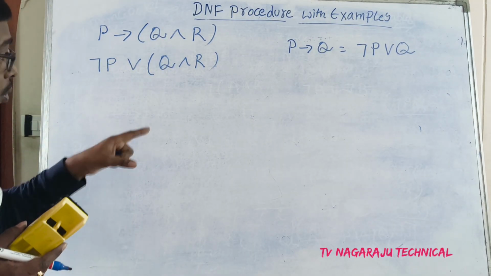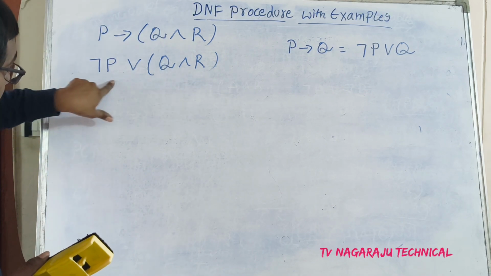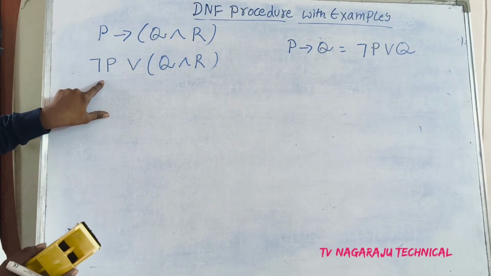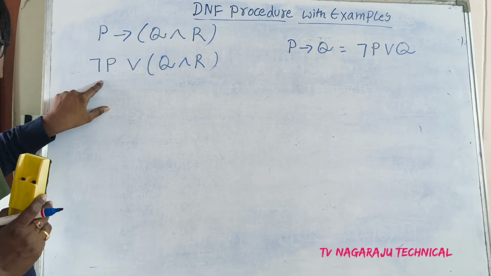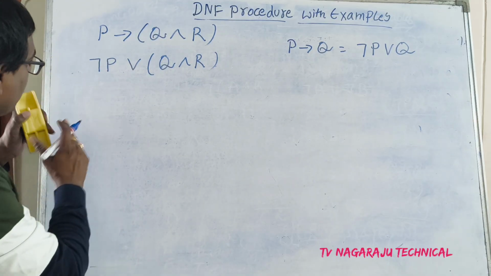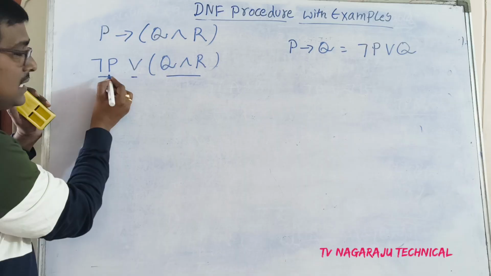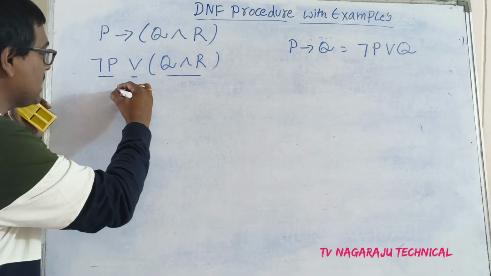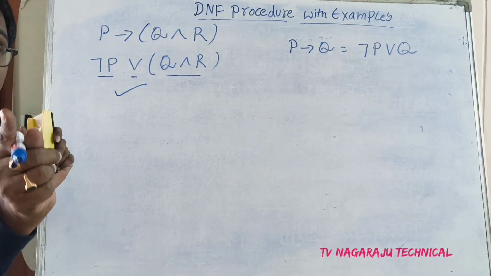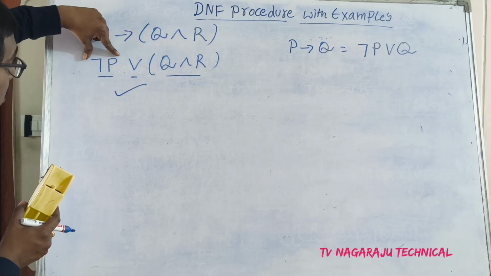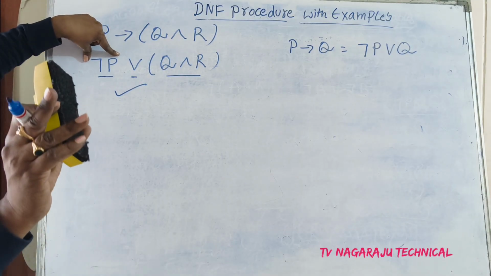Now, is there any possibility to apply De Morgan's law? No. Now, the third one: is this in the DNF format or not? Or do you need to apply any distributive law? If you understand carefully, this is the sum, this is the product, and this is a single literal. That means this expression is in DNF. Here the first product term contains a single literal.